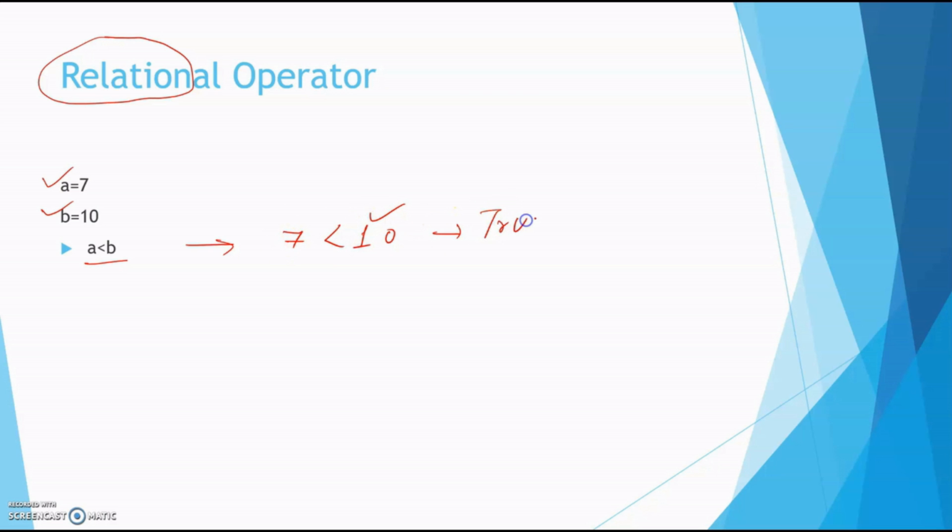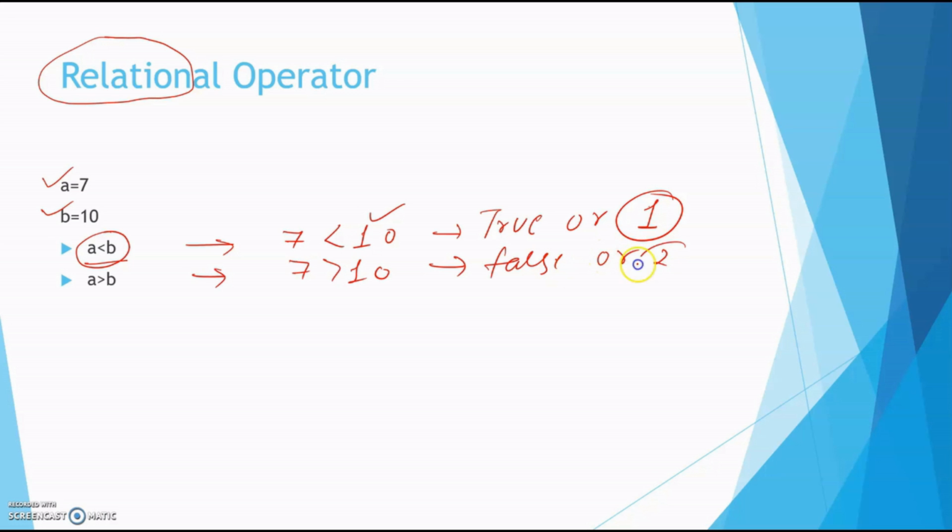You can say it is true, or you can say it gives the value 1. It means whatever instruction is written inside this condition will execute. Here, is 7 greater than 10? No, false. So whatever instruction is written inside this condition will not execute because it is false. If you talk about a greater than or equal to b, it means either greater or equal.